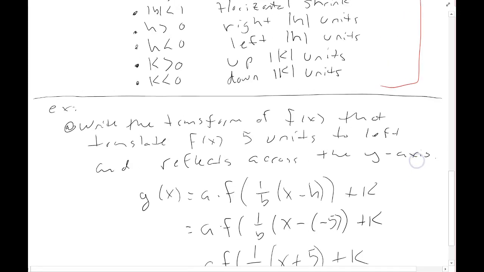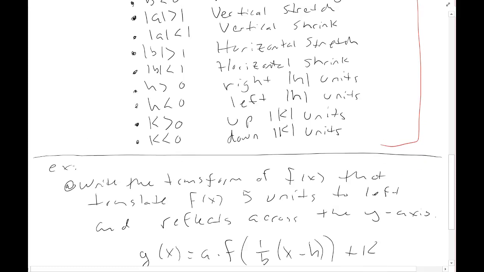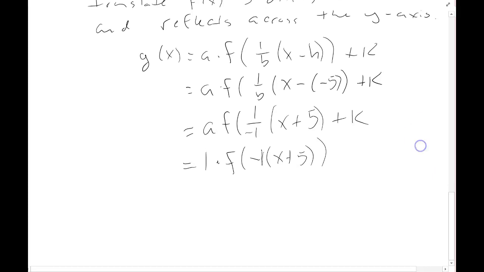And now I'll do the k. So there is no translation up or down, that's what the k does. So I need the number where k is not greater than 0 and k is not less than 0. Well, that happens only when k equals 0. So I know that k is 0. So here's my final answer.